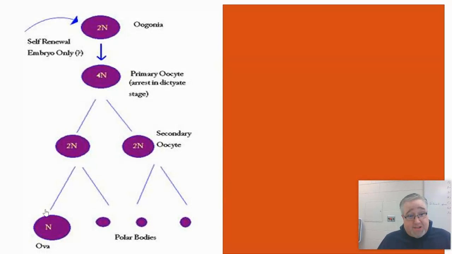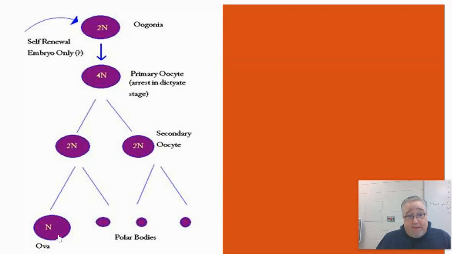So this cell here, if it's released from your ovaries, and that happens during the menstrual cycle, and we'll talk about that second semester, it can get fertilized by a sperm cell. And if it gets fertilized by a sperm cell, then you can have a baby.